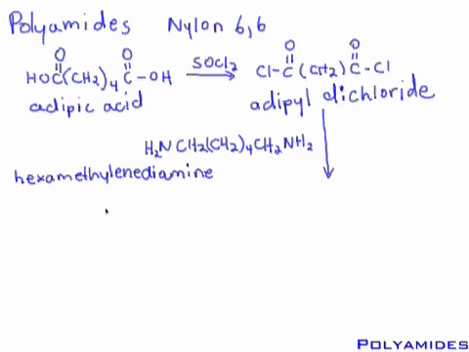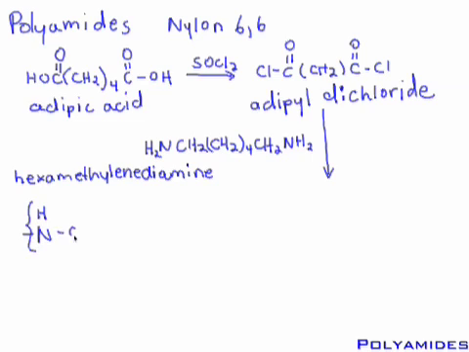Okay, so hexamethylene diamine is a common name. 1,6-hexane diamine is the IUPAC name. Well, what do we get in this case? Well, we get a very long polymer. We have an NH. Okay, so I'll put a bracket here indicating it.